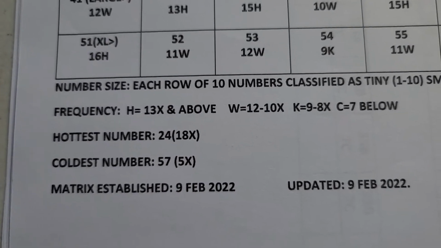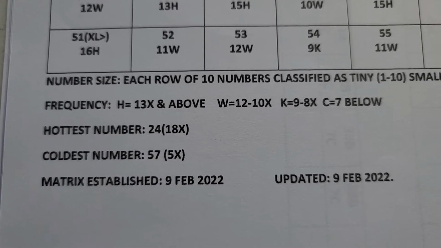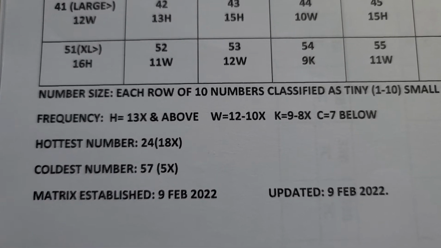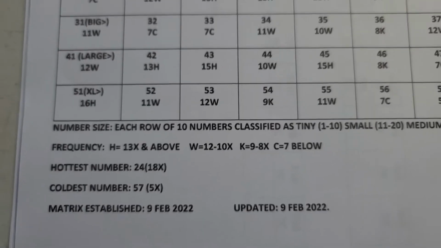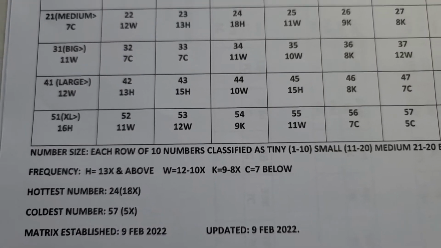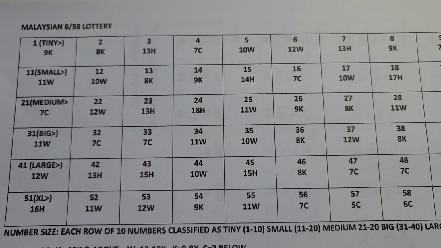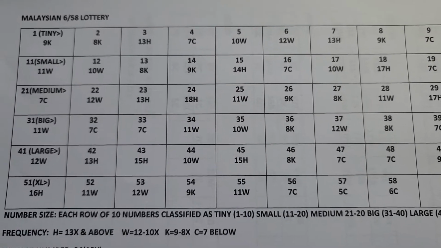So I established this matrix last night, and I updated it last night, and after every draw of this particular lottery, you need to update, and the numbers will change.